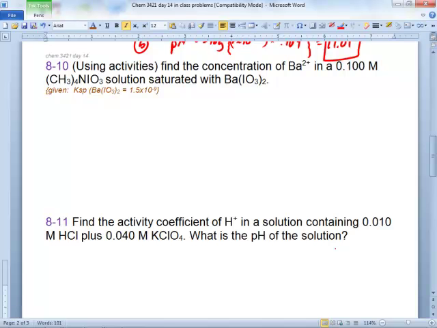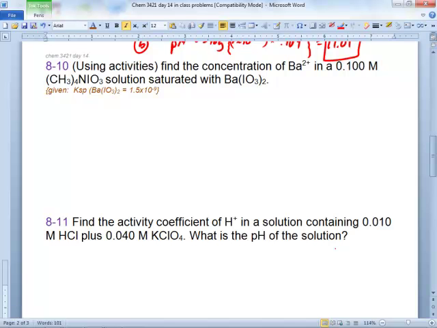Using activities, find the concentration of barium in a 0.1 molar, I don't even know, quaternary something iodate solution saturated with barium iodate. And then I looked up the Ksp of barium iodate, and there it is.